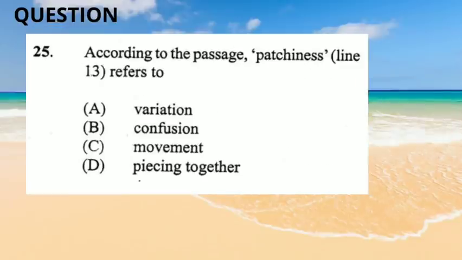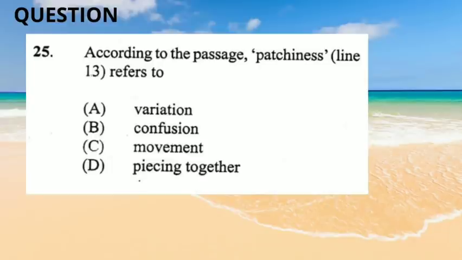Question 25. According to the passage, patchiness, line 13, refers to A. Variation, B. Confusion, C. Movement, or D. Piecing together. According to the extract, patchiness refers to variation. The word patchiness means characterized by irregular shapes or patterns.